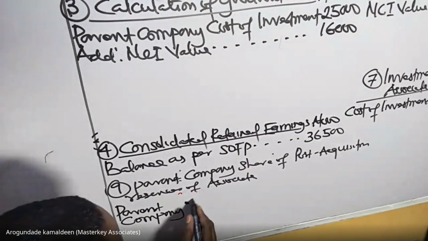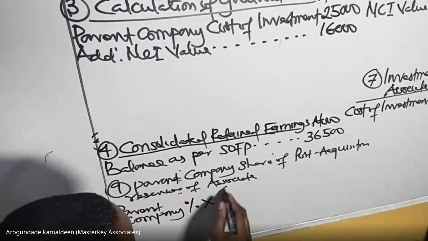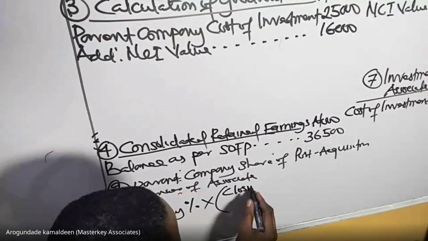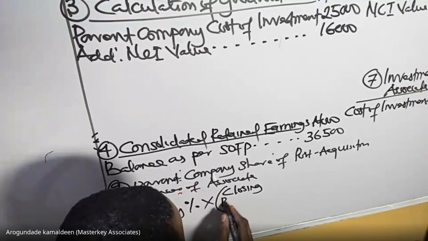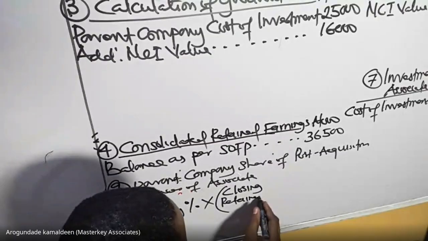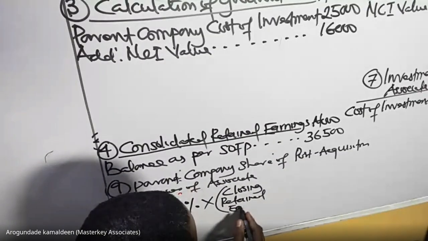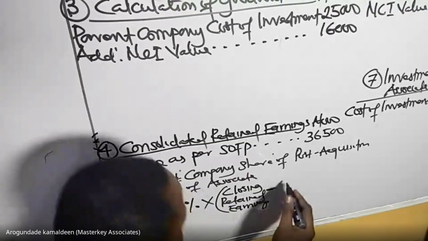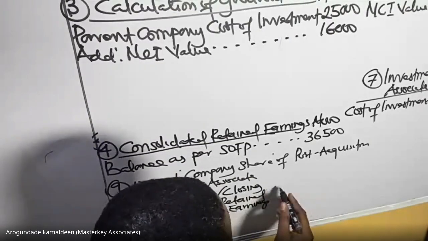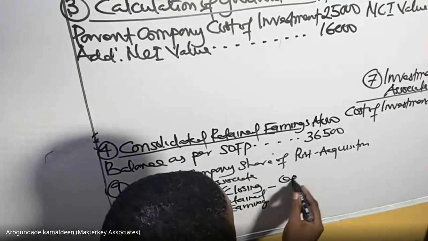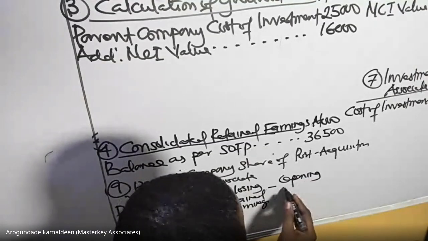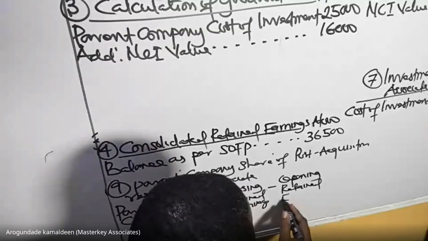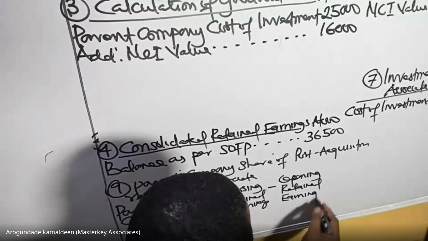Say percentage times the closing retained earnings minus opening retained earnings.